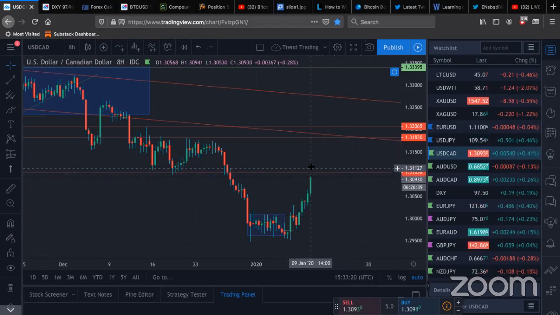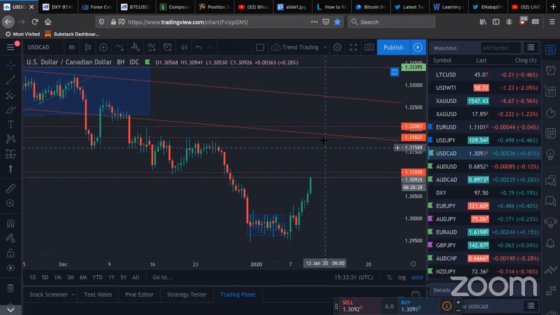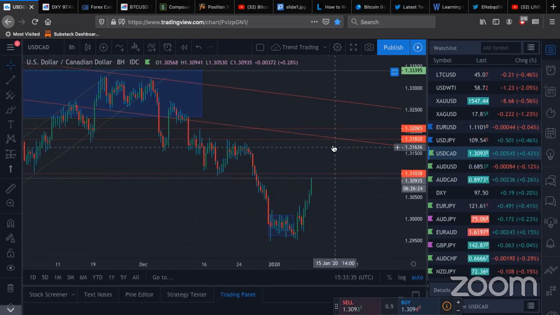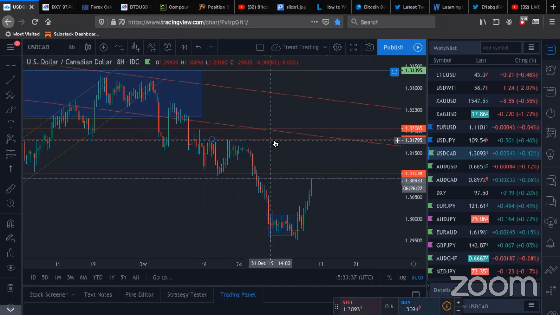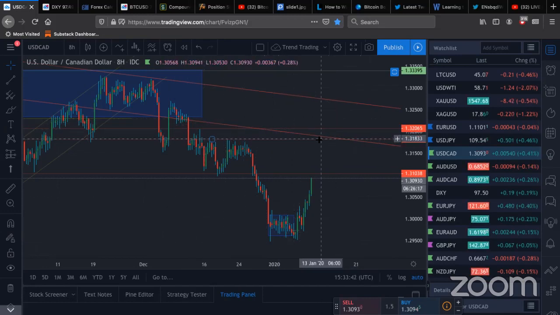Probably what happens is we break, come back down, take a look at that broken resistance, see if it holds as support, and then trades back up into here. If we trade back up into here, again, this is an area of strong resistance. This is this horizontal resistance line, and then this trend line resistance over here. I'm very interested in shorting that level up here.